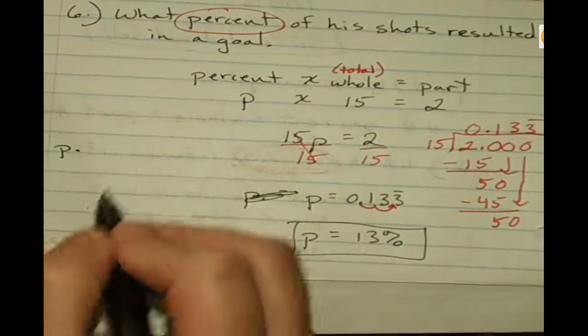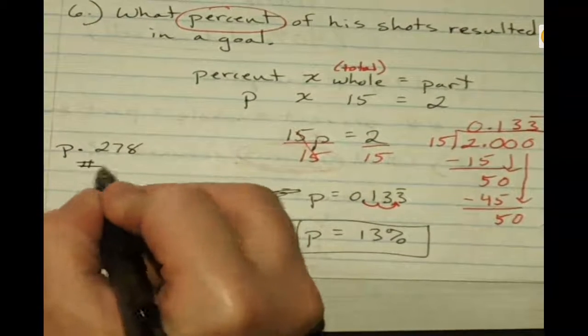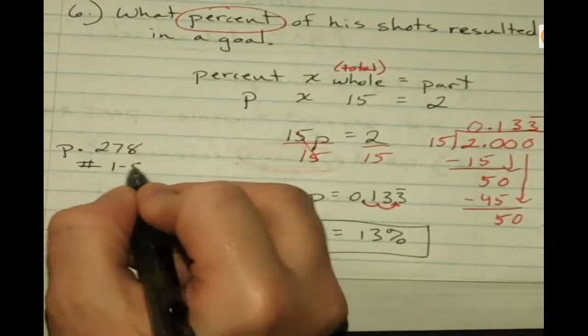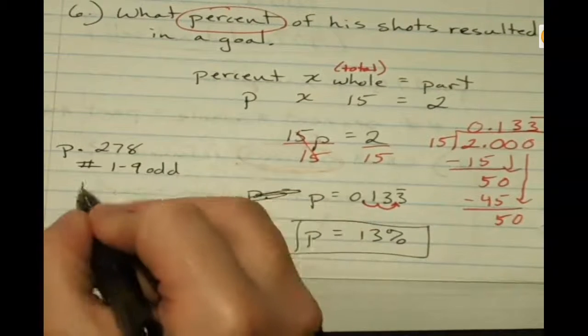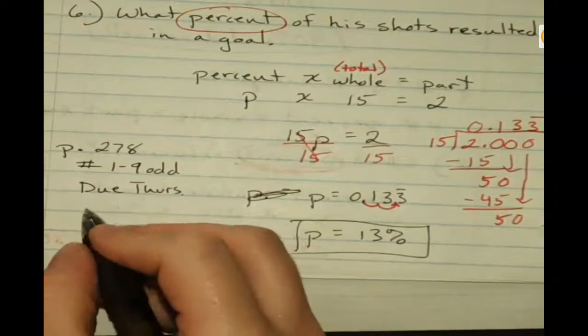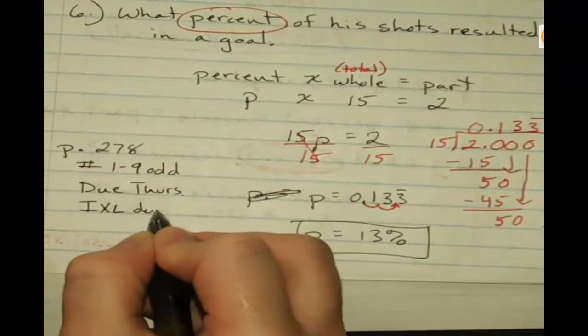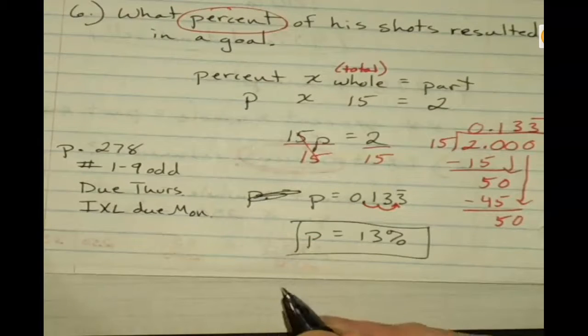All right, you are doing page 278, numbers 1 through 9 odd. That is due Thursday. Your IXL is due Monday, so if you finish, you can get started on that.